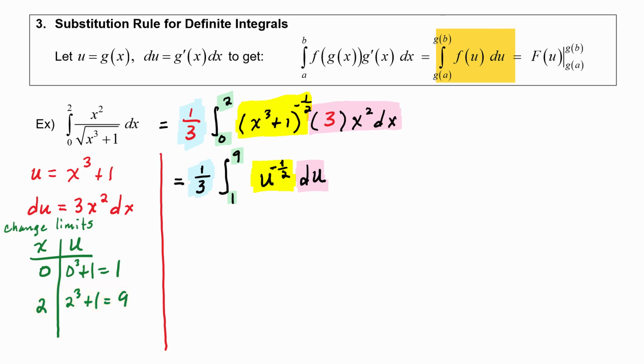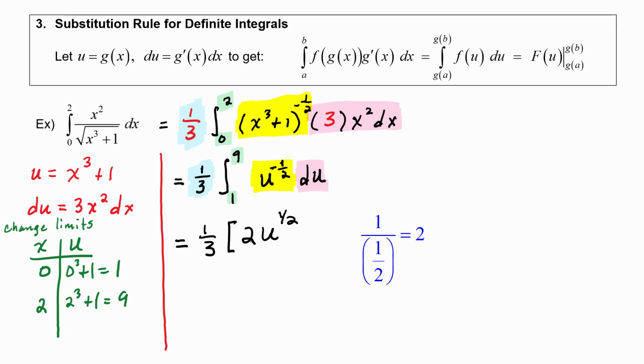Now what we need to do is apply the second fundamental theorem of calculus, where we get the antiderivative and we evaluate it at these two new limit values, g of a and g of b. Bring down our equal sign and the 1/3. We know that the integral of u to the negative half du is going to be u to the 1/2 over 1/2, which is like multiplying by 2.